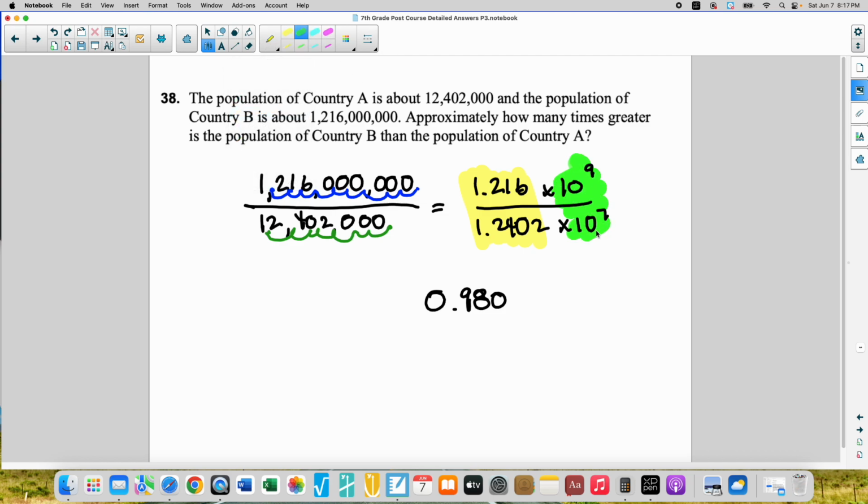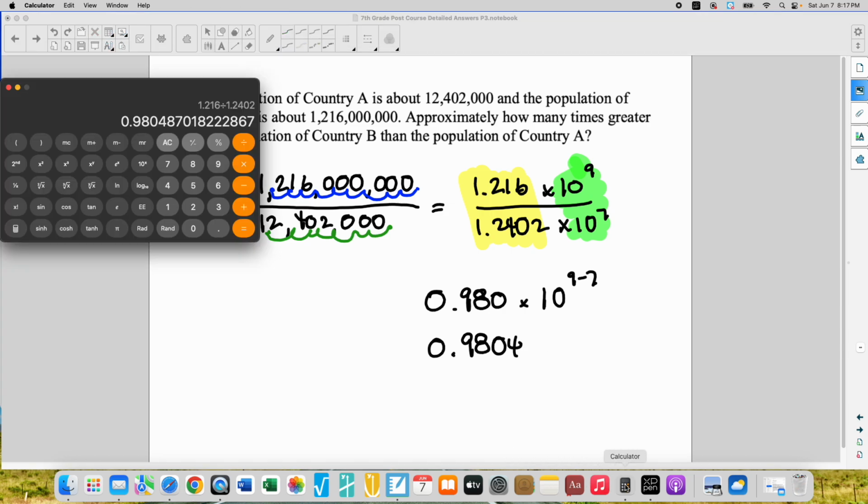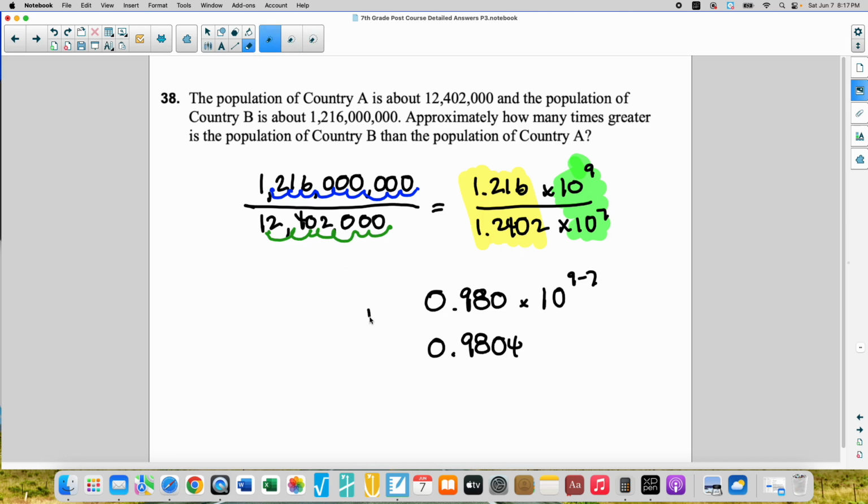And we have like bases that we're dividing, so we're going to subtract those. So that equals times 10 to the 9 minus 7. 0.9804. Do we round the 4 up? The 4 would become a 5 because there's an 8 after it. Times 10 to the 9 minus 7 is 2.